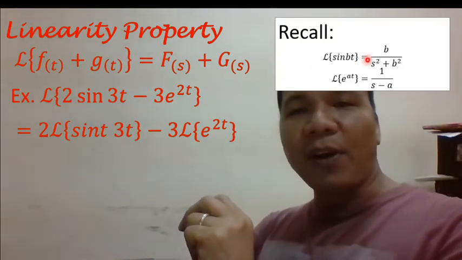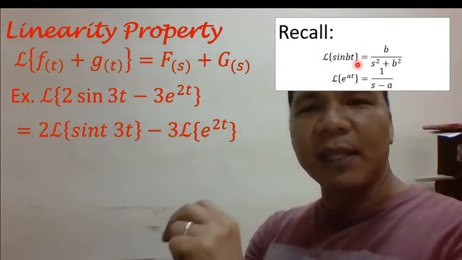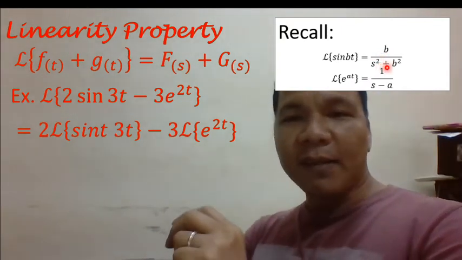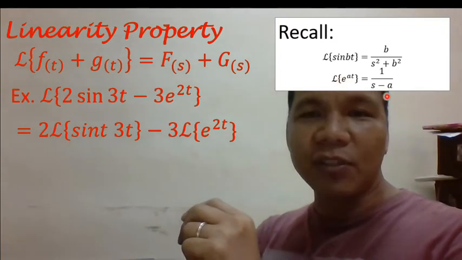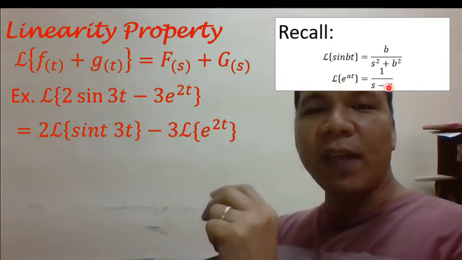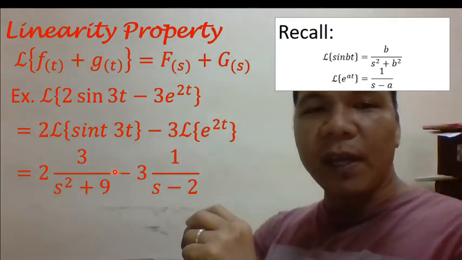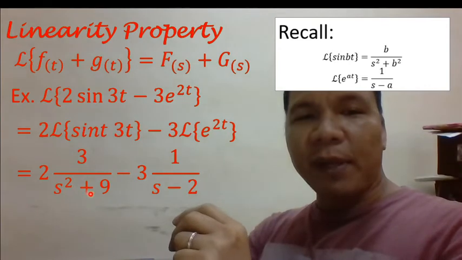If you can still recall, the Laplace transform of sine bt is equal to b all over s squared plus b squared, and the Laplace transform of your exponential function e raised to at is 1 over s minus a. Therefore, the Laplace transform of sine 3t becomes 3 all over s squared plus 9.